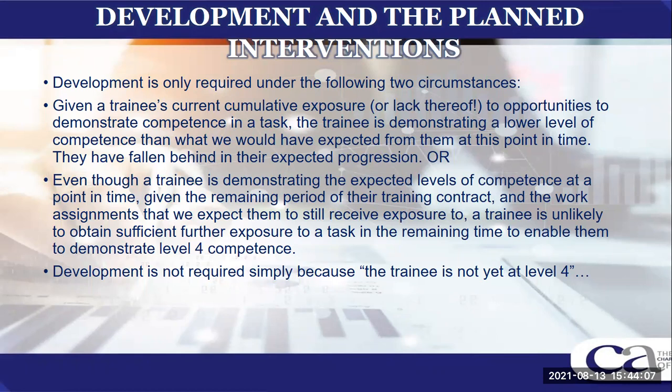And then secondly, even though a trainee is demonstrating the expected levels of competence at a point in time, given the remaining period of their training contract and the work assignments that we expect them to still receive exposure through, a trainee is unlikely to obtain sufficient further exposure to tasks in the remaining time to enable them to demonstrate level 4 competence, right?